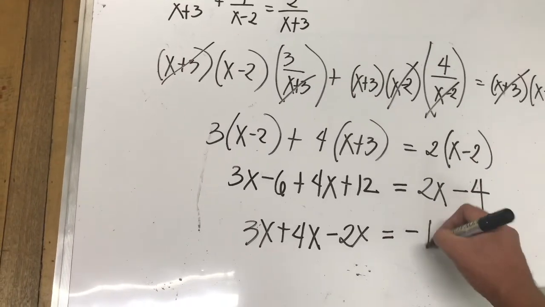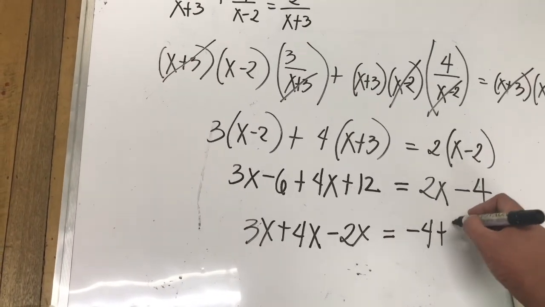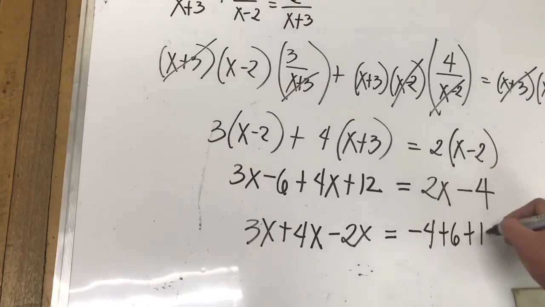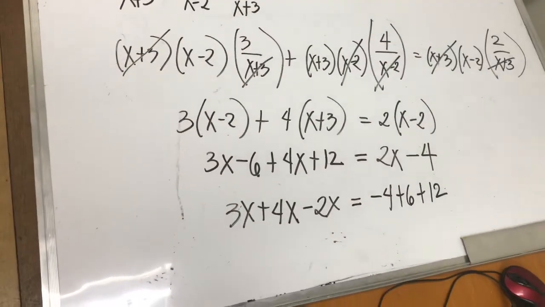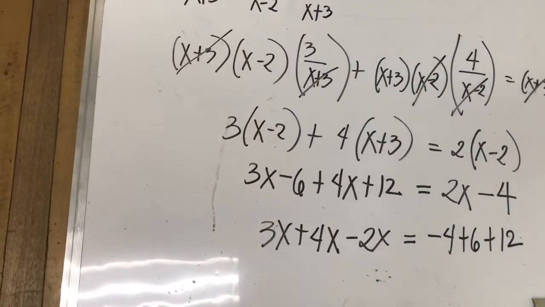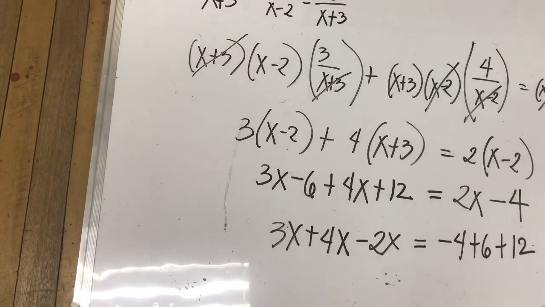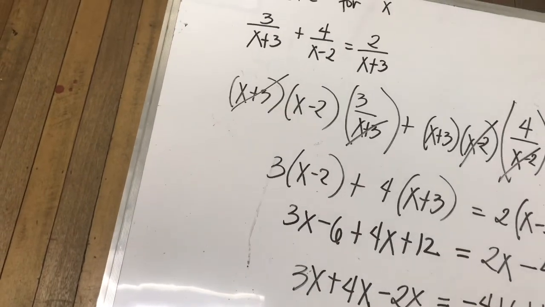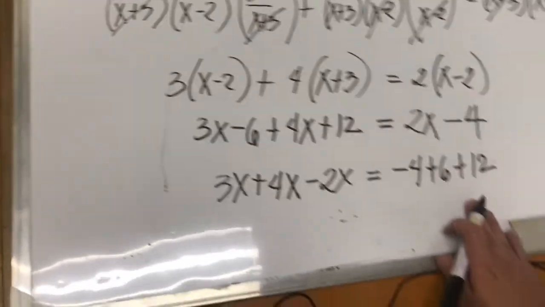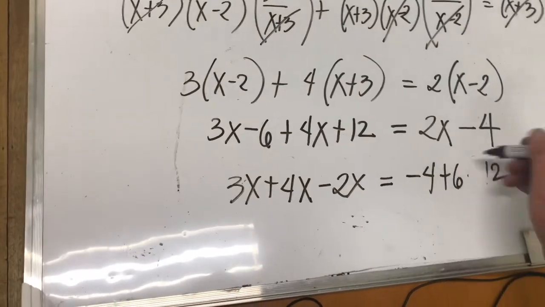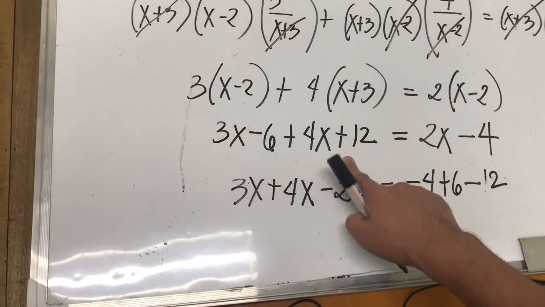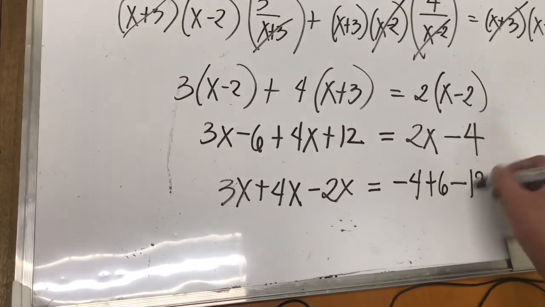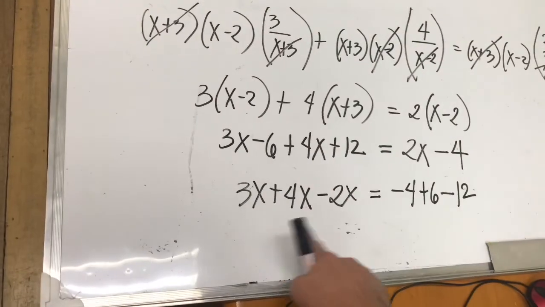So, we have negative 4 plus 6 minus 12. Kasi from positive 12, lipat din siya nagiging negative. Okay? Then, combine like terms.